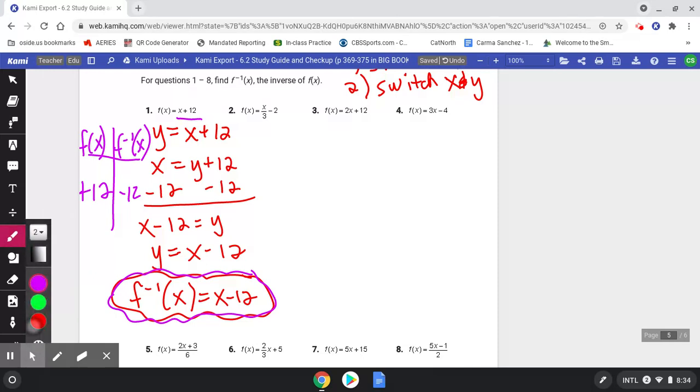I'm going to use a different color so that it stands out away from the other one. All right. I'm going to put this in terms of y.